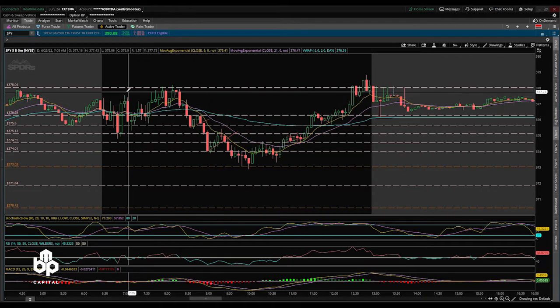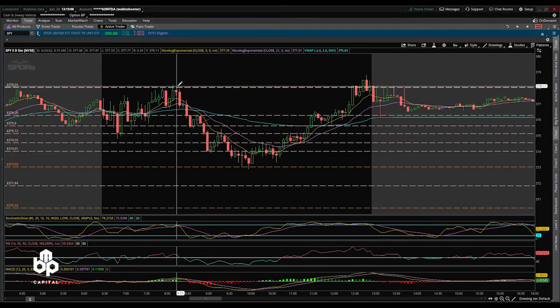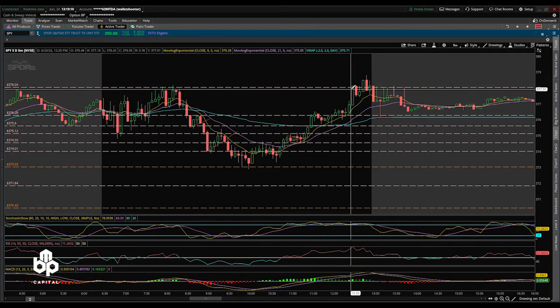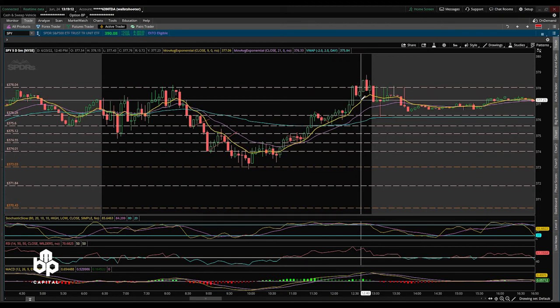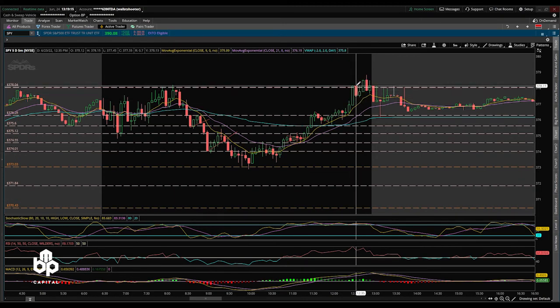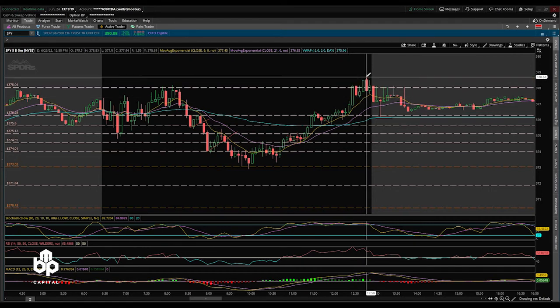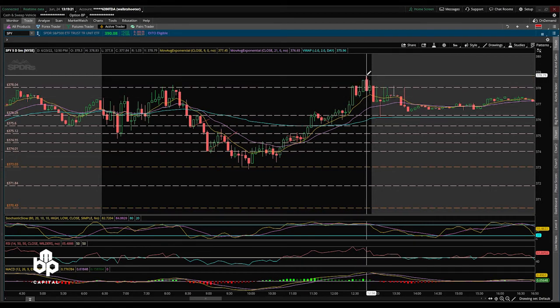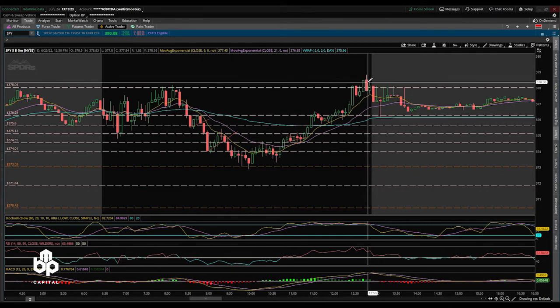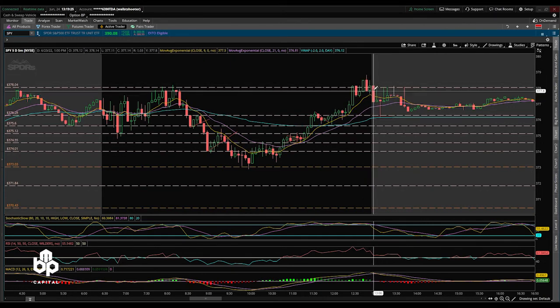We find a previous resistance of the day, 378. We pull back in a nice bear flag, or actually bear pennant, and we rip through, and then we find a new all-time high for the day. Then we sell off at the end of the day.